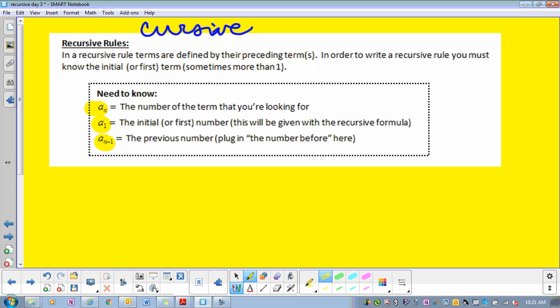And when we're doing recursive, this is what it's going to look like, and that is where you plug in the number before, all right? And I put that in here, plug in the number before, okay? So here's what I'm talking about in this line. There's a list of numbers, all right? So it's a sequence, okay?